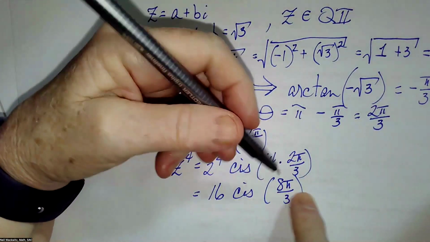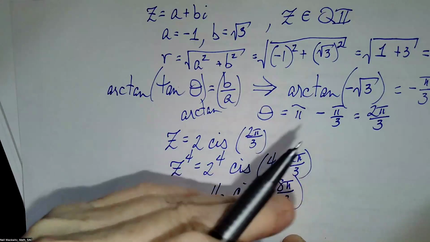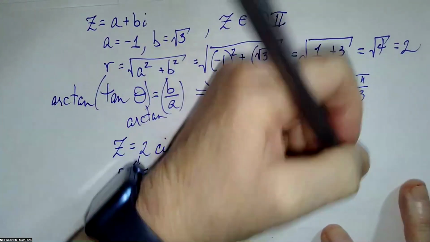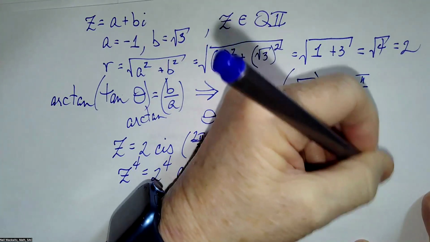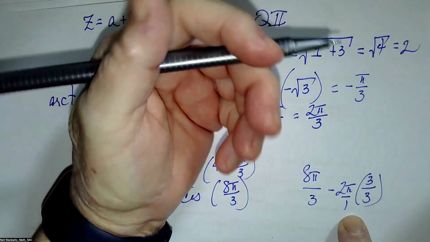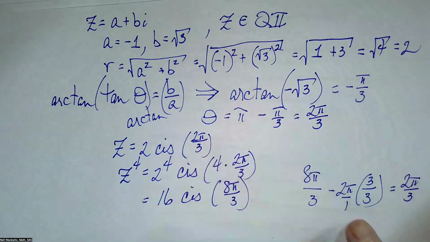And let's see, 8 pi over 3, that's bigger than 2 pi. So 8 pi over 3 minus 2 pi, or 8 pi over 3 minus 6 pi over 3, is 2 pi over 3.